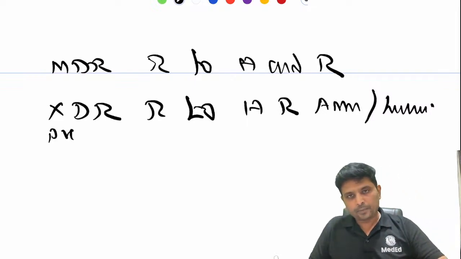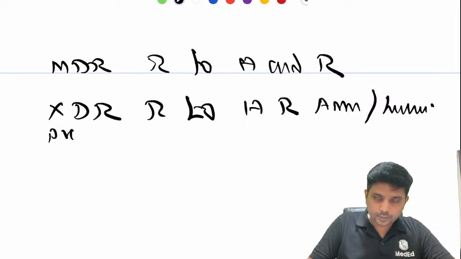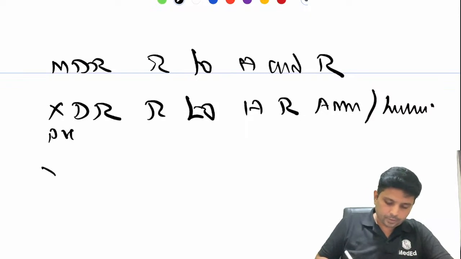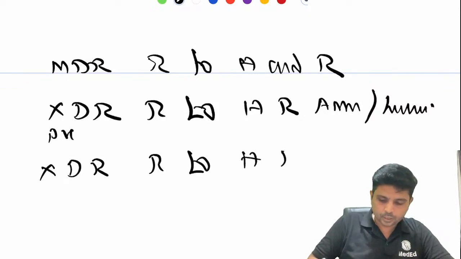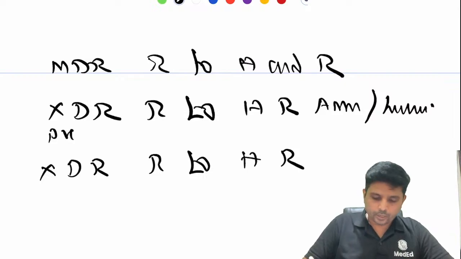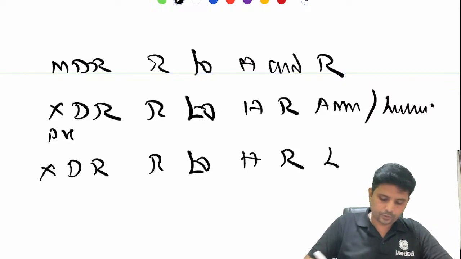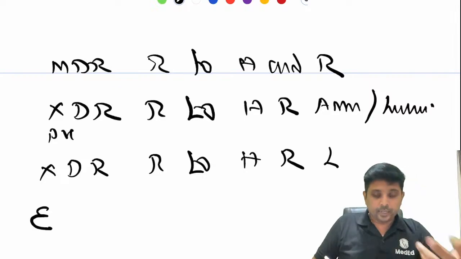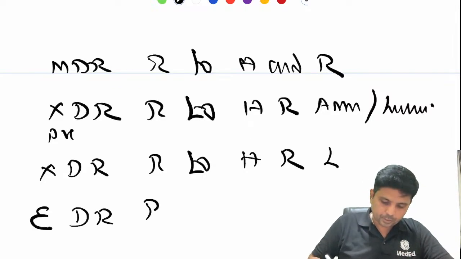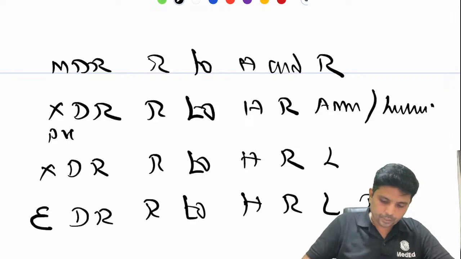Resistant to HR and either aminoglycosides or levofloxacin. XDR-TB is resistant to R, levofloxacin and bedaquiline. Extremely drug resistant means resistant to R, levofloxacin and bedaquiline.